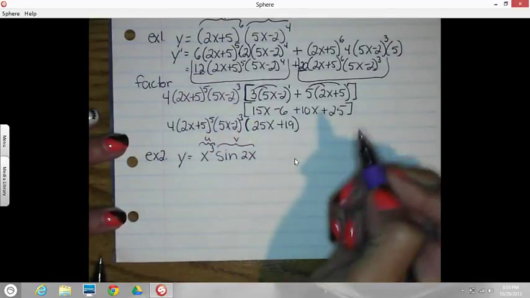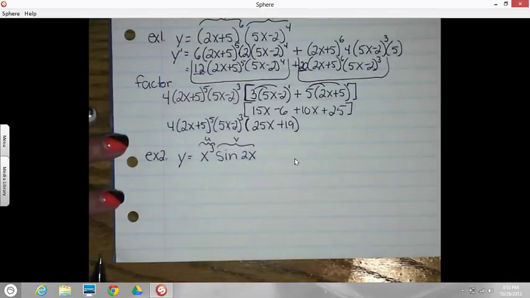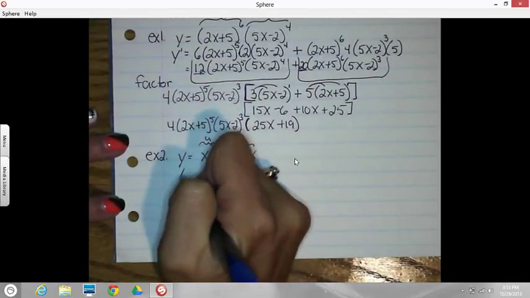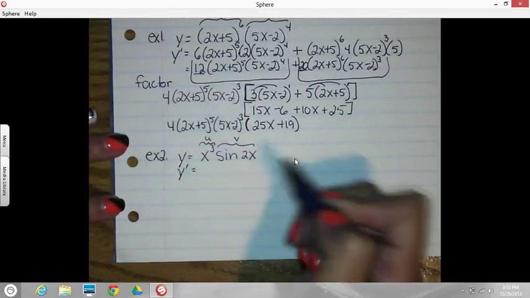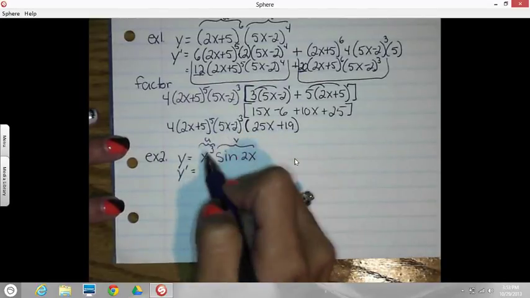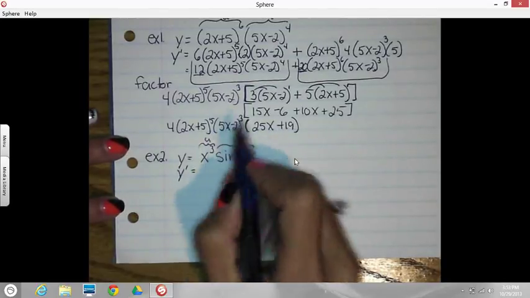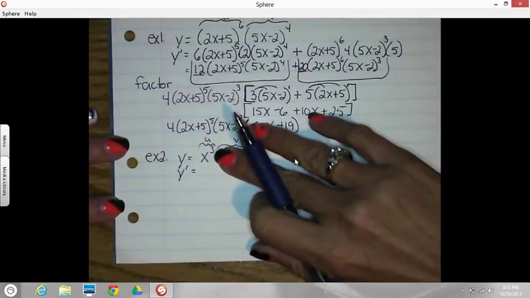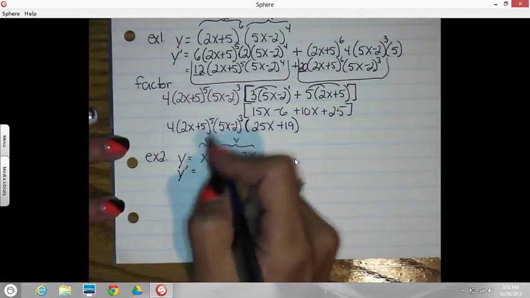So that tells you product rule. So we're going to go right into the derivative, following the product rule. Product rule says take the derivative of the first term, your u term. So that's just x cubed. That's a little power rule. 3 times x squared.